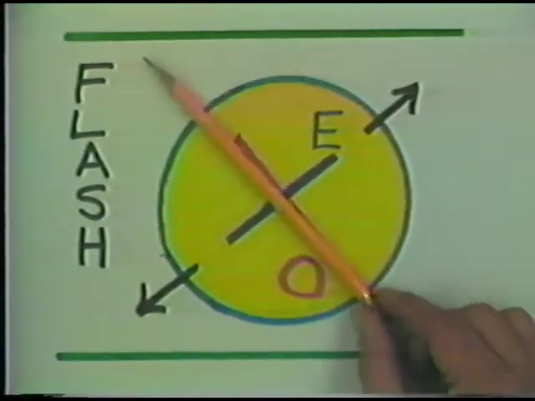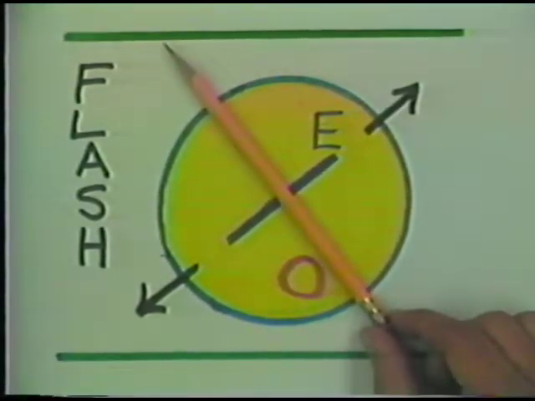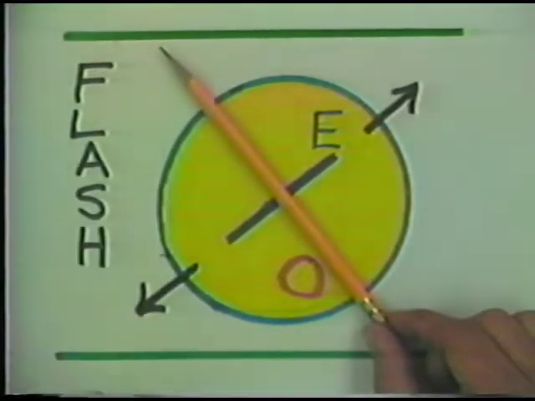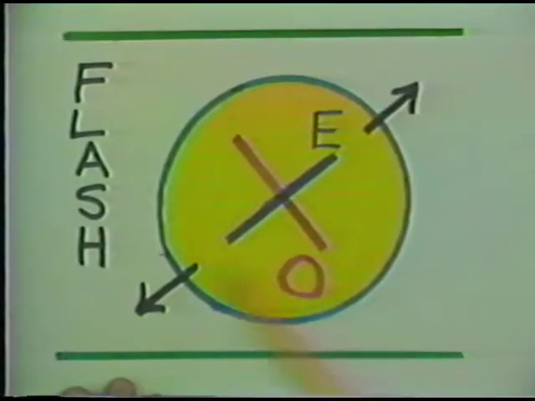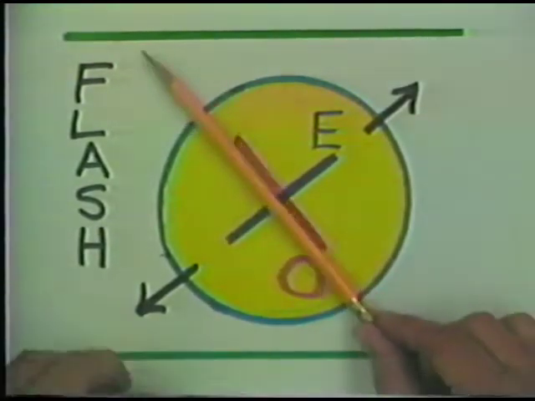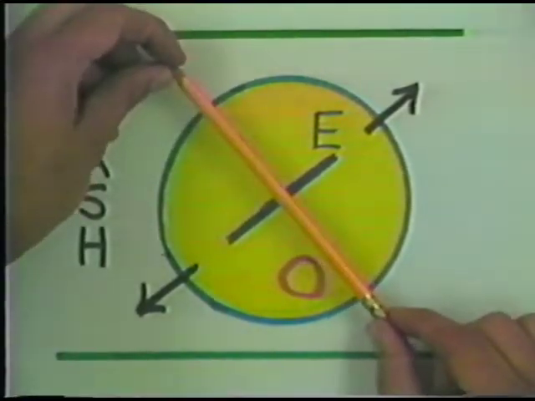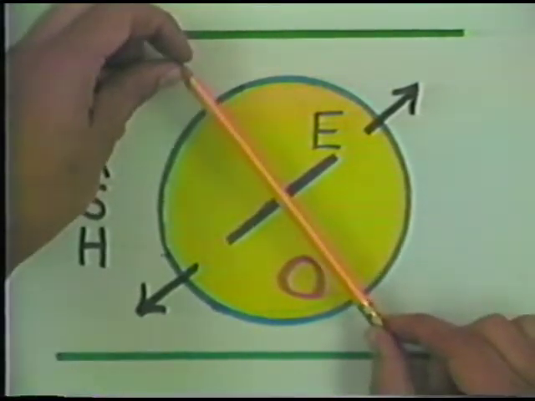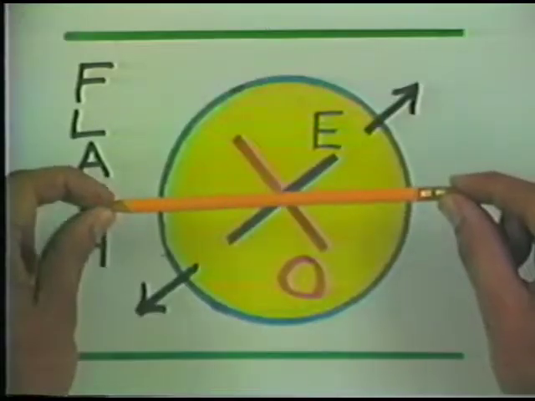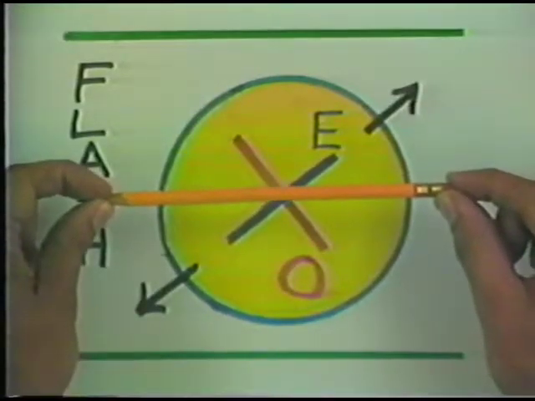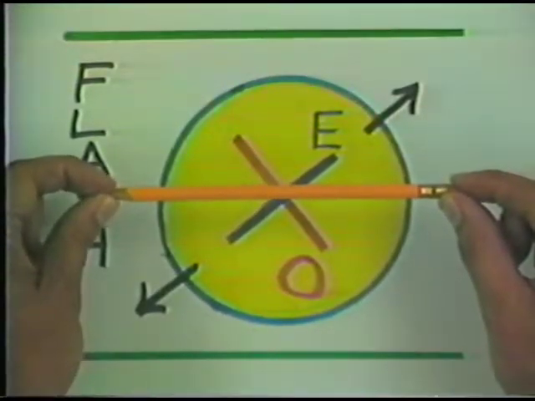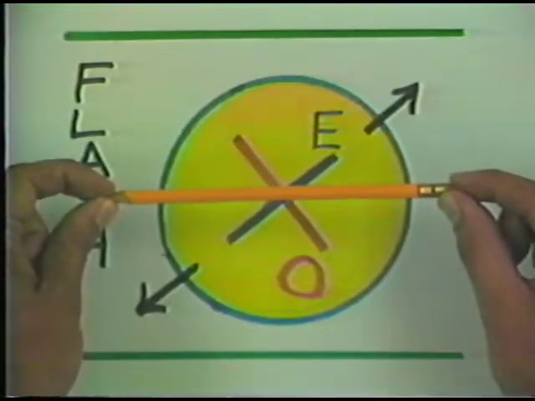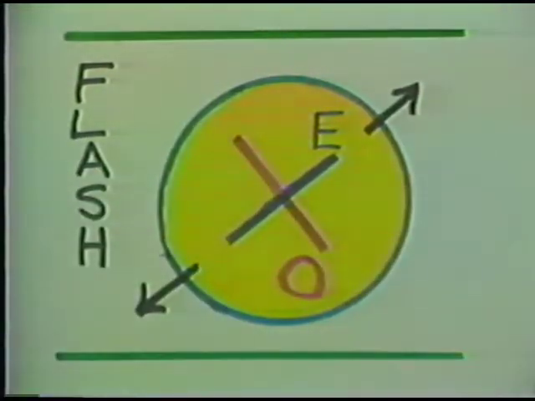So to find the O ray is simply to use the direction that's perpendicular to E. So once again, once the isogyres leave the field, for example, in this northeasterly direction, I immediately know that the O ray is located here. I can turn back, look at the grain in plane polarized light, and rotate it 45 degrees until the O ray is exactly in an east-west position parallel to the microscope polarizer. Now I can test for relief on the O ray.